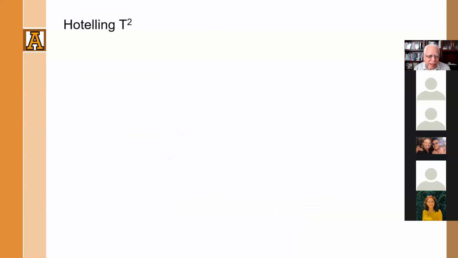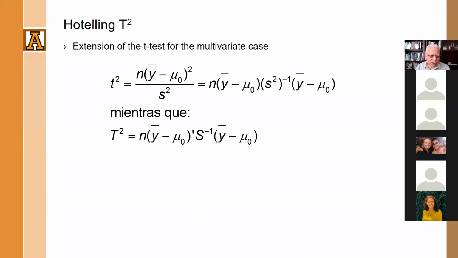Now there is a distribution called Hotelling's t-square, an extension of the t-test for the multivariate case. Remember the t-statistic in one dimension: it's the mean minus the mean under the null hypothesis divided by the sample variance.